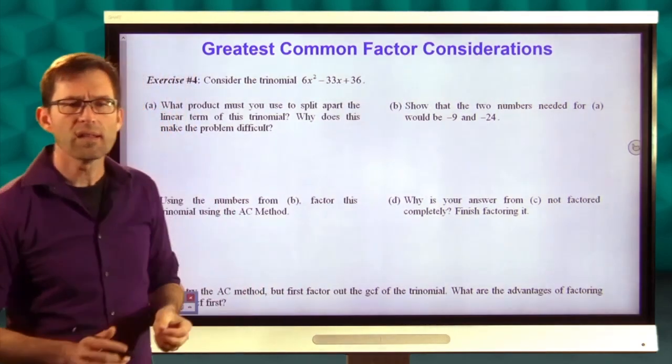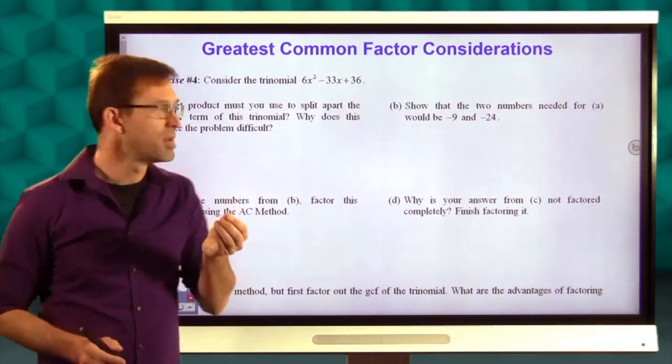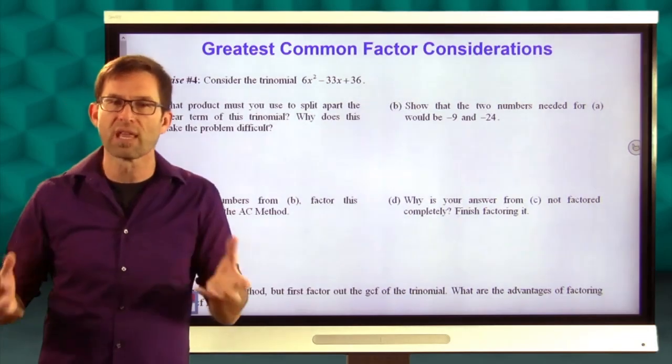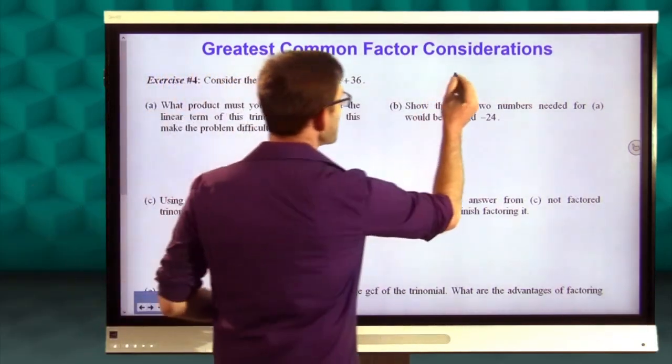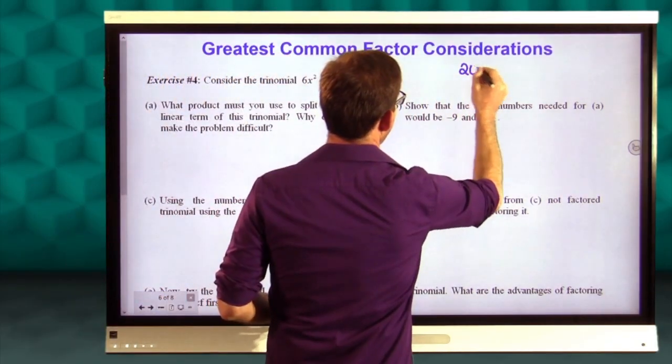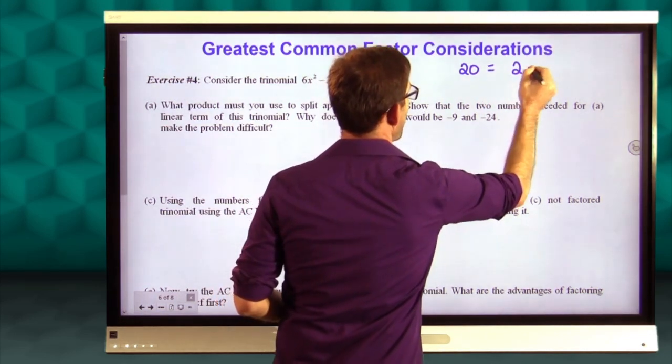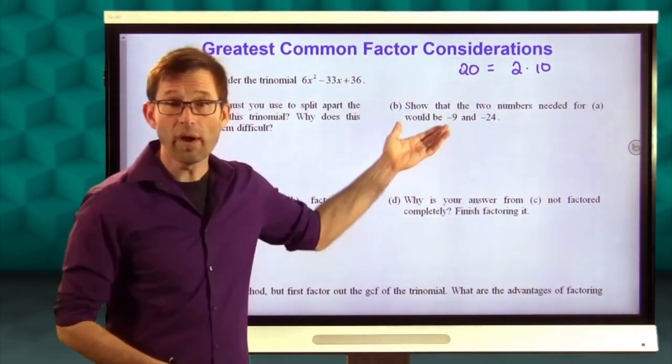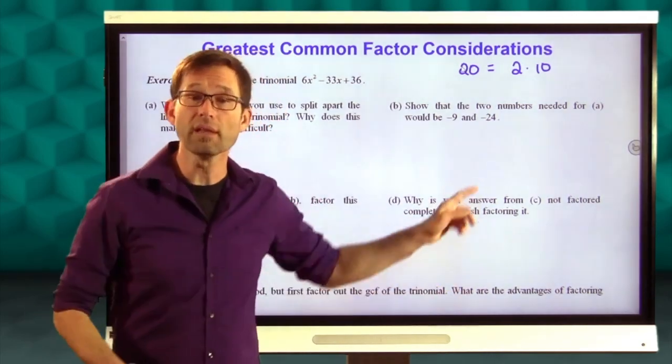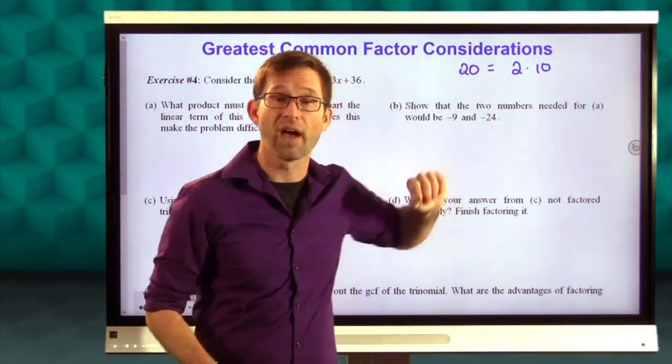And it's important to really understand what complete factoring is. If I took the number, let's say 20, and I said factor it, and you said, oh, that's 2 times 10, well, that's great. You factored it, but it's not completely factored because 10 itself can be factored.